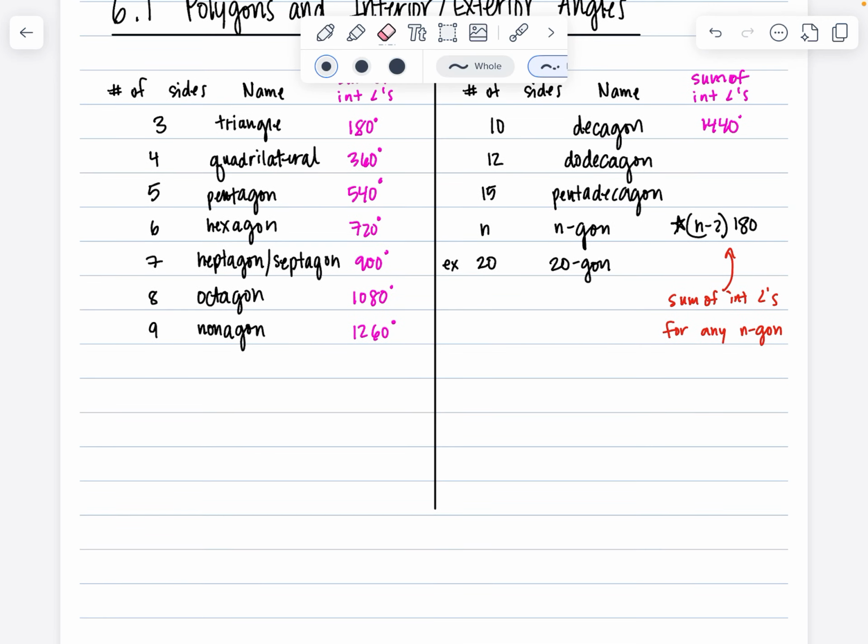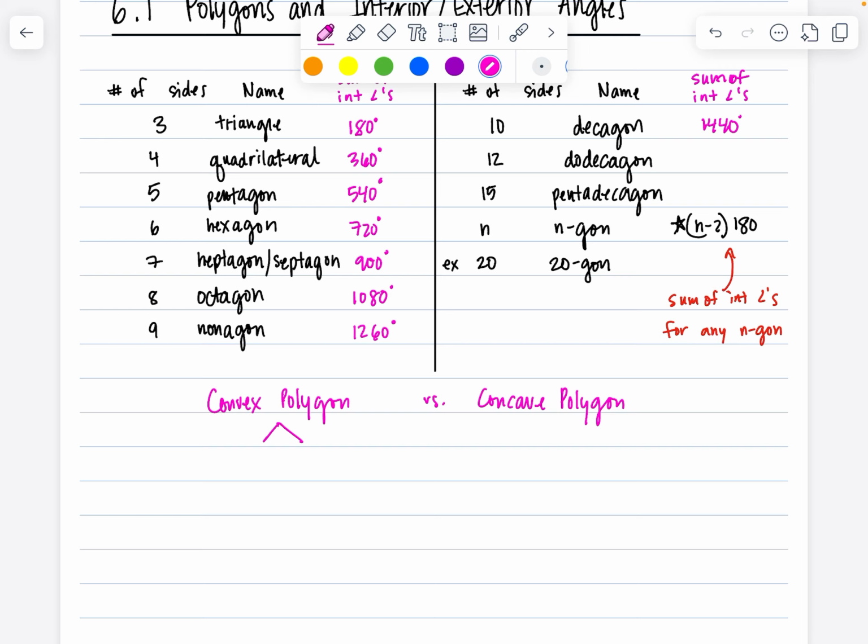Now this might be something worth putting in your notes. I probably should cut this off just a little bit because we didn't use all this space, and let's not waste it. What's a convex polygon versus a concave polygon? Convex versus concave just means this.